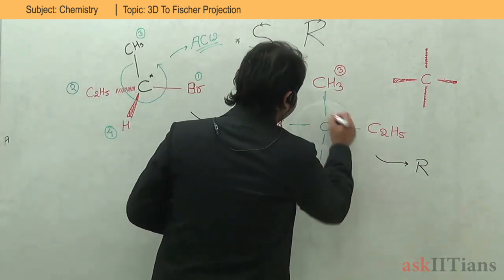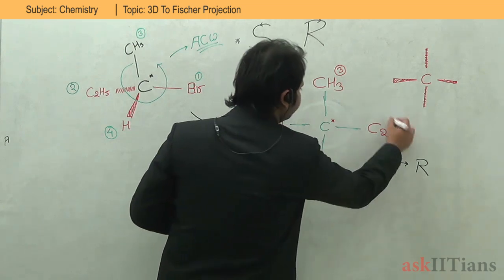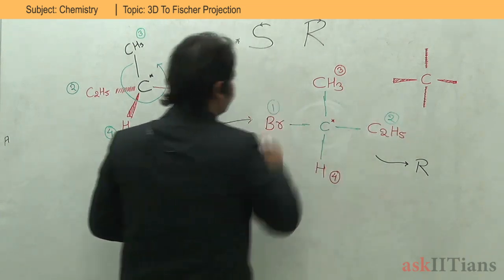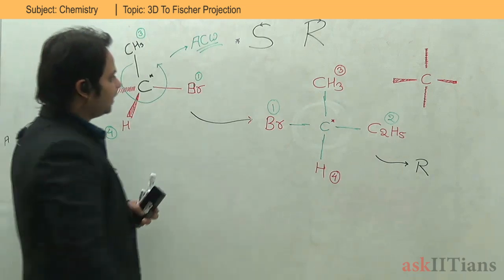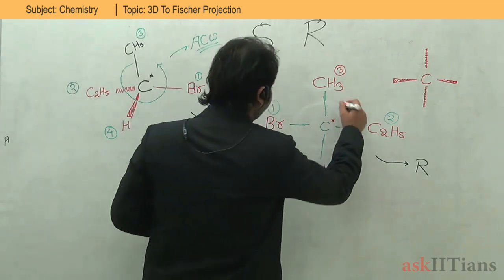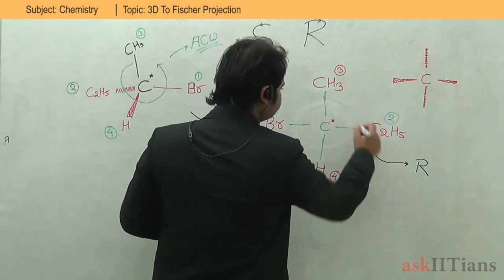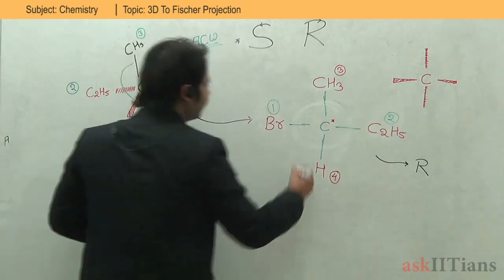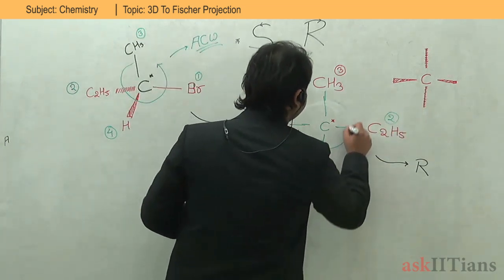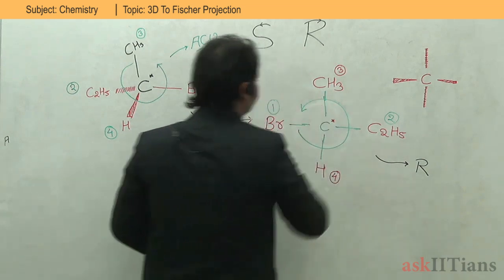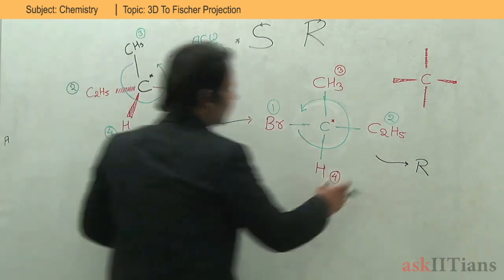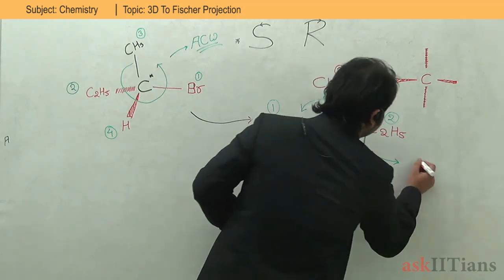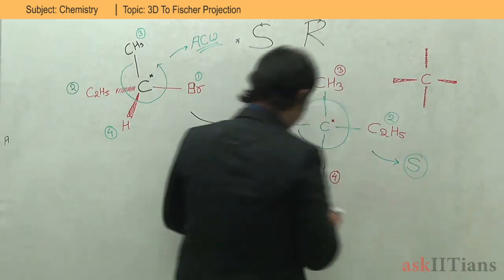If you represent the line, now 3, 2, and over here I am having 1. So if I am defining the rotation, I have to take 1, 2, 3, right? Because H is in the vertical position, which means in the dash. So I am taking 1, 2 and 3 here, and this gives me basically not R. This gives me an anti-clockwise rotation, that is S.